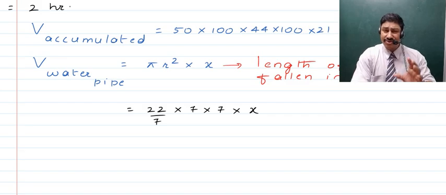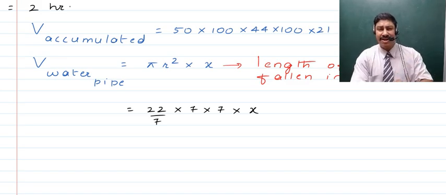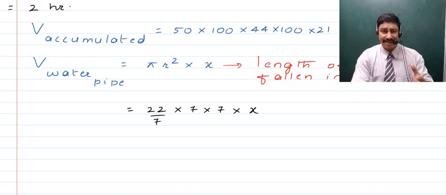Now you actually require the amount of volume which has fallen off in a single hour, right? So you require to multiply this with 60 into 60, which will then be in seconds the amount of time required to have this much water accumulated in the cuboid.